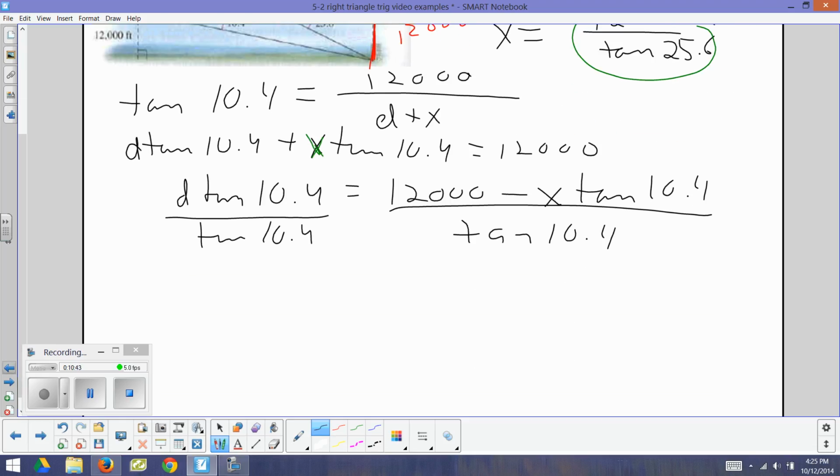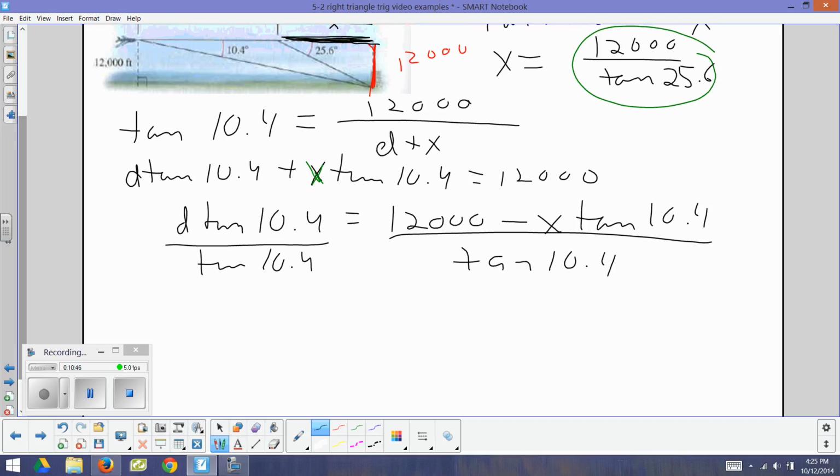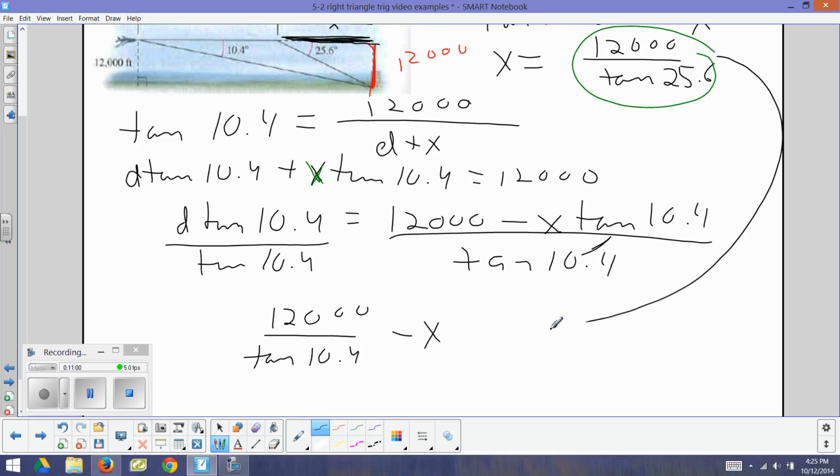So let me write down my equation a little neater. I have 12,000 divided by the tangent of 10.4 minus x. And here are the tangent over the tangent. They'll cancel out. So it'll just be minus x. That's what x is right there, the 12,000 over tangent of 25.6.